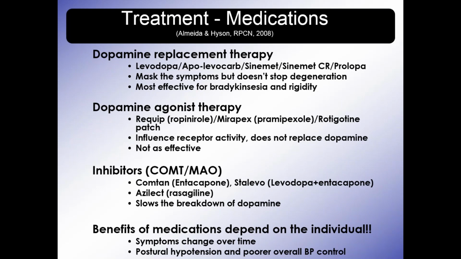In some cases, there are symptoms that don't respond to meds, and in some cases, we can have other issues related to too much medication, and we talked about dyskinesia already. But there can also be other issues like postural hypotension and poor overall blood pressure control. Those are important things to make sure your physician is aware of.